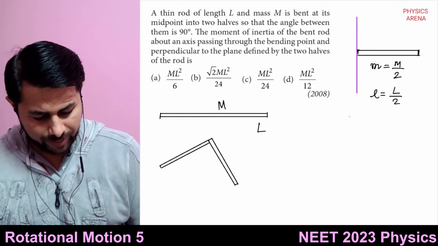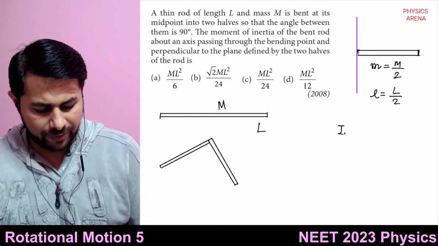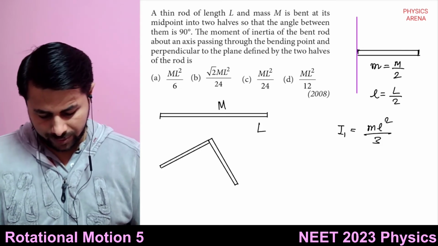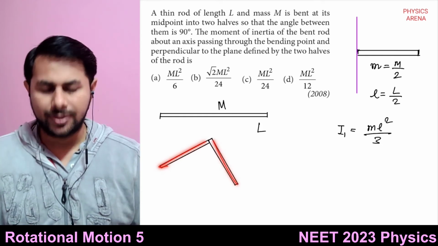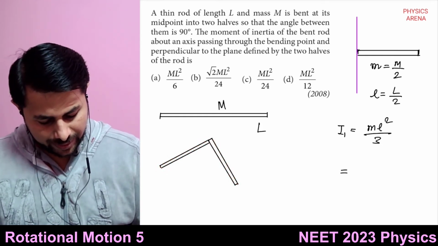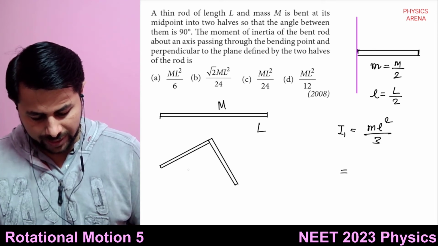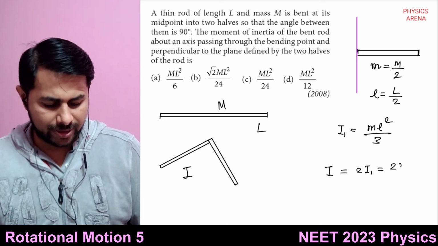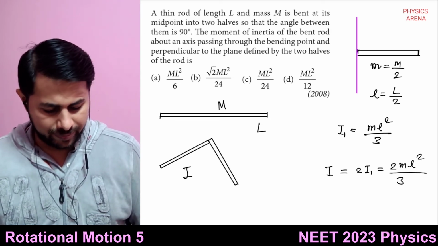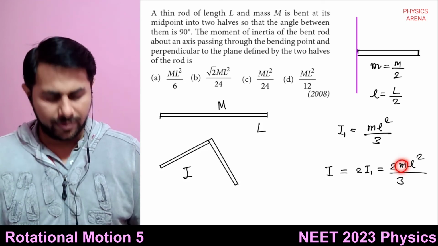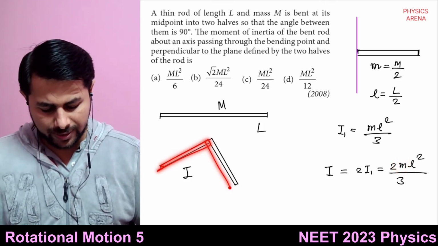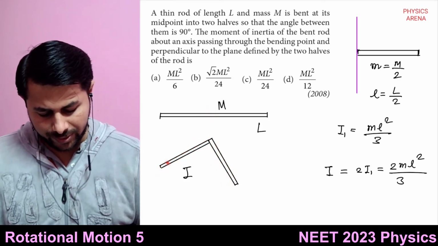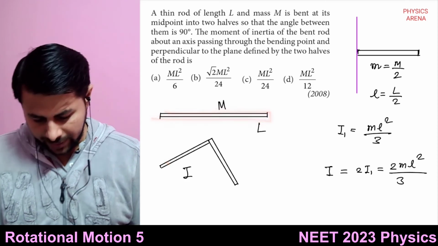So how much would be the moment of inertia of this thing? Let's call it I1. It will be ml square upon 3, and you have two of those. So the total moment of inertia I will be 2 times I1, that is 2 times ml square upon 3. But what is this m? For both of these, it will be half of the mass, and the length is also half of the length.